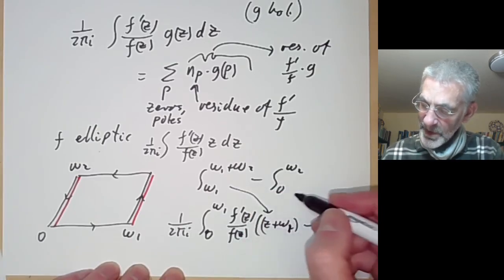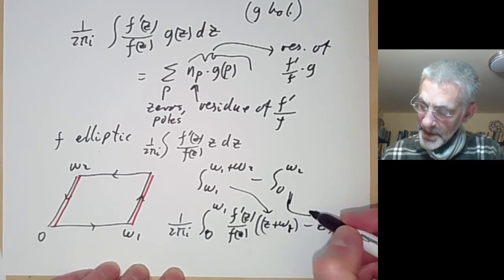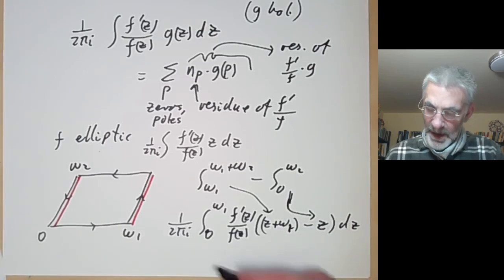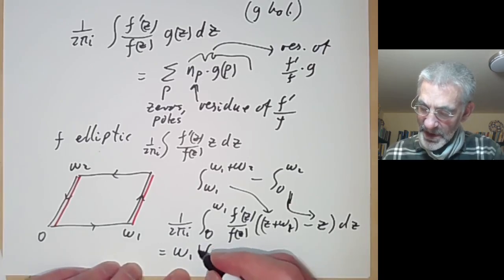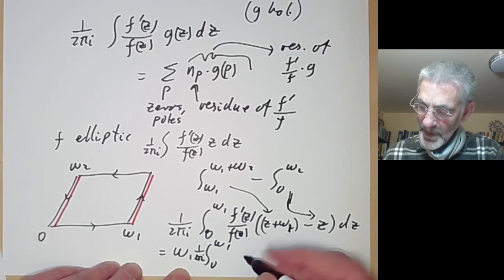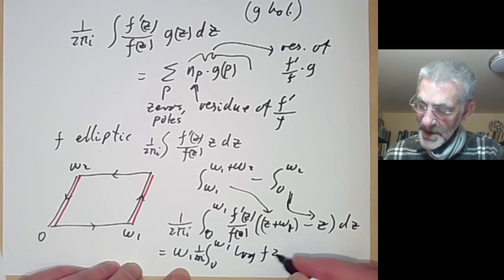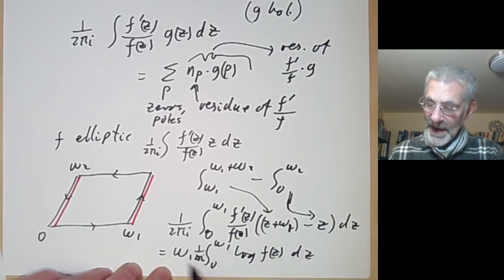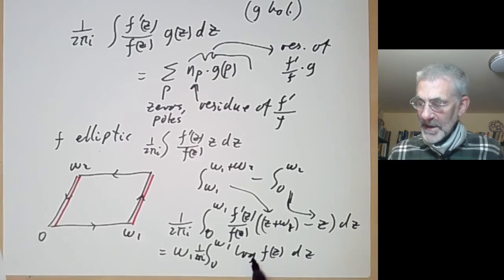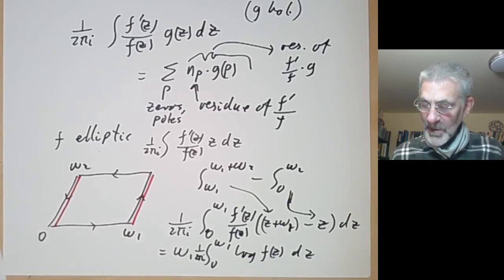So here we get that one, here we get this term. And this is equal to omega 1 times 1 over 2 pi i times the integral from 0 to omega 1 of log of f of z dz. So here we've got the omega 1 there, and now we've just got to integrate log of f of z. And how do we do that?